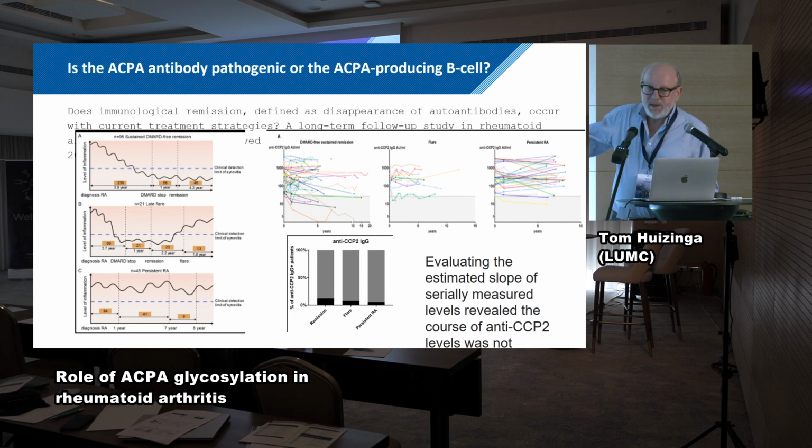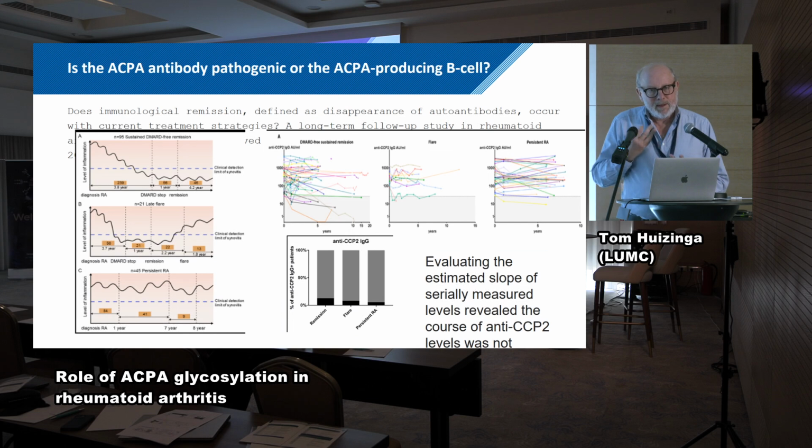Well, you can see here, there is nothing happening to the titers of the antibodies. Again, if I have patients with high disease, low disease, high disease, I would expect antibody titers high, low, high. Well, you can see this is absolutely not the case over time. And if you have always active disease, you can see that the antibodies are also active.